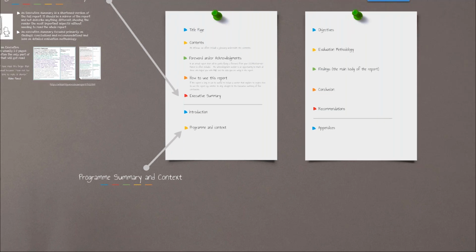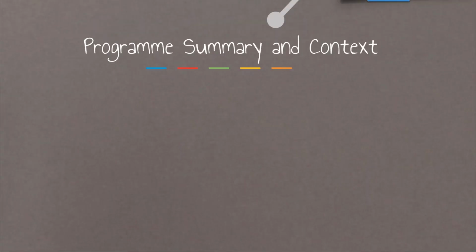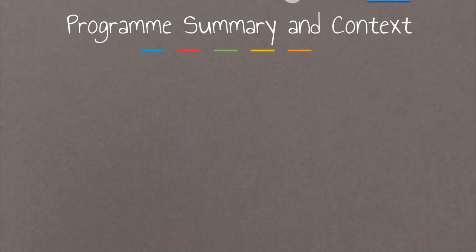So the next section I'm going to focus in on here: the introduction following the executive summary, where we set the background scene. What's the context of producing this report, if you like. But the next section is program summary and the working context in which the program's taking place.